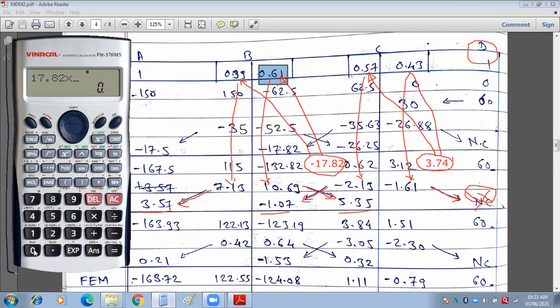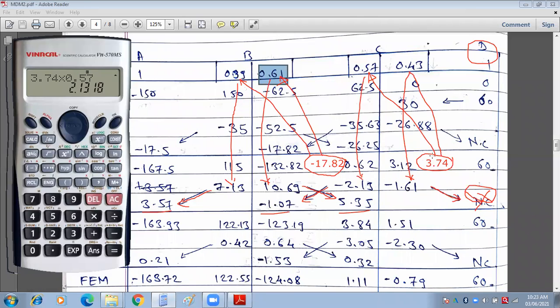17.82 into 0.6, 10.69. Out of this 50% next to end 5.35. Okay, now again here 3.74 multiply with 0.57, 2.17.